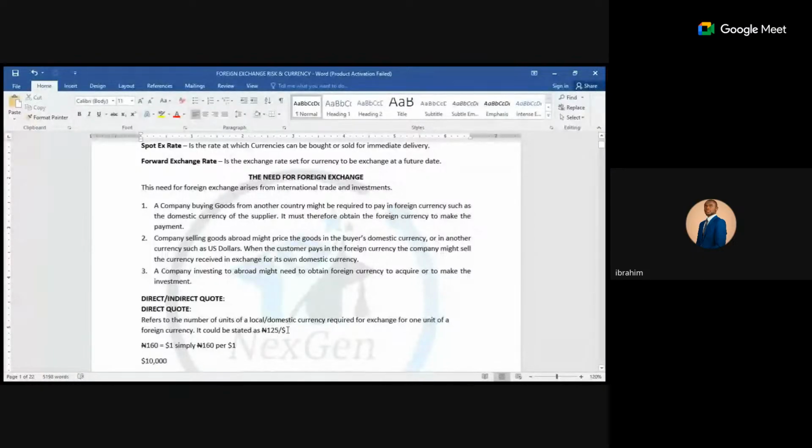You can see N/$. It means that N125/$1. For those who are writing SBR, this will help you a lot in translation.